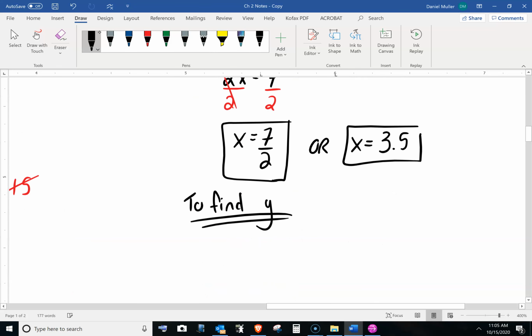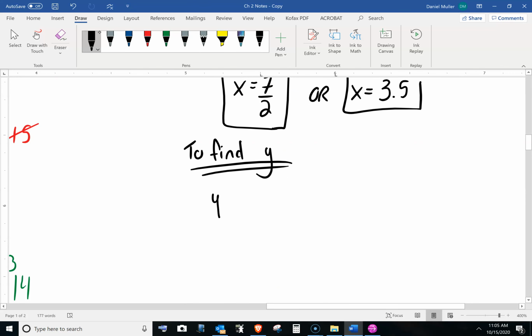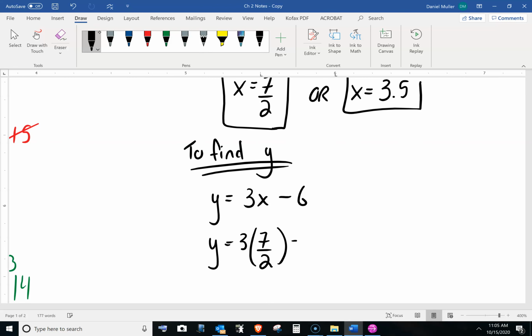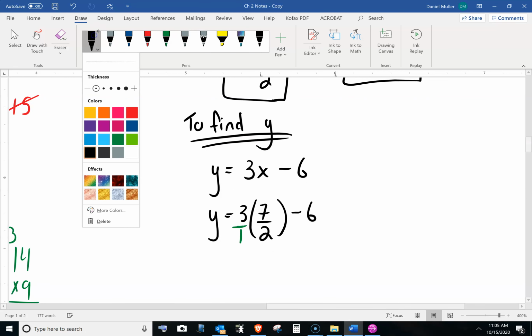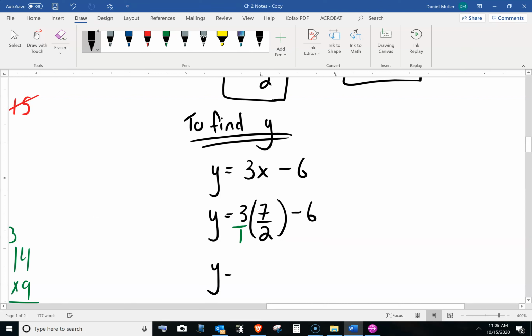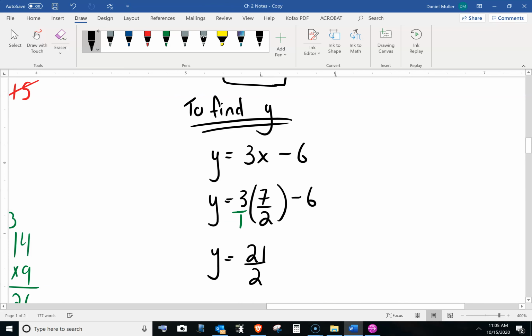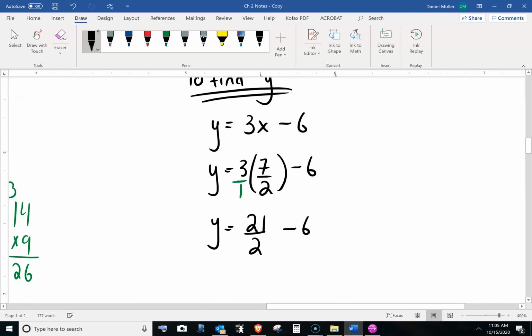3x minus 6. So y equals 3x minus 6. So y equals 3 times x, which I'm going to put as 7 over 2, minus 6. Now remember, this is over 1. When you multiply fractions, you do the tops together and you do the bottoms together. So 3 times 7 is 21 over 2 minus 6.